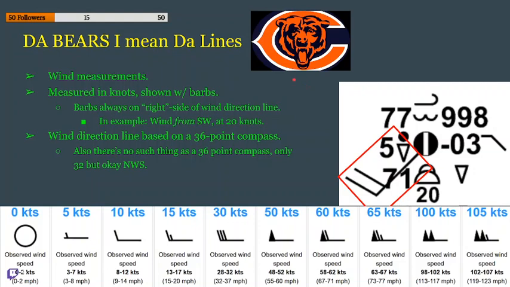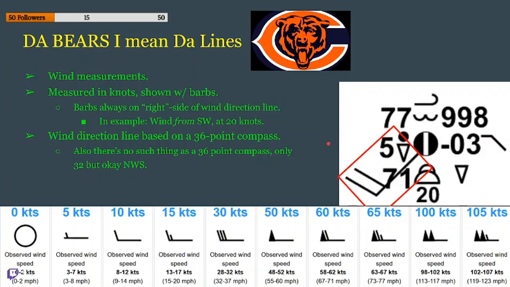It's American football. The lines are wind measurements. It is measured in knots, and knots are relatively easy to convert into miles per hour, and are shown with these barbs here at the bottom, as you can see. The barbs are always on the right side of the wind direction line. Again, the wind is moving from the southwest, not to the southwest, at around 20 knots.